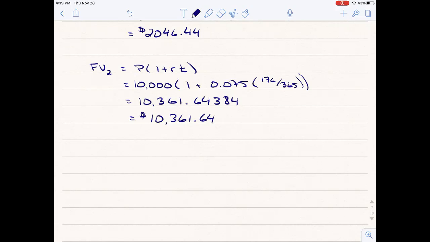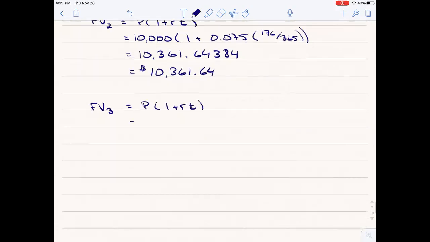And last but not least, future value 3 is P times 1 plus RT. P for future value 3 is 4,000, sorry, 4,000 times 1 plus 0.075 times T, which is 275 over 365.